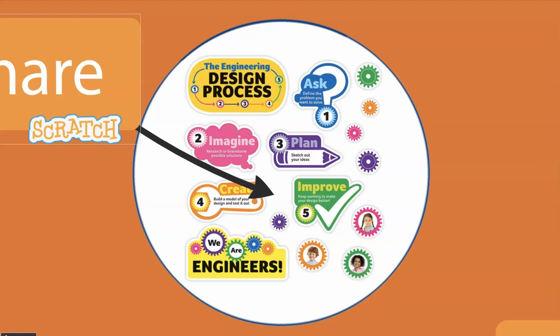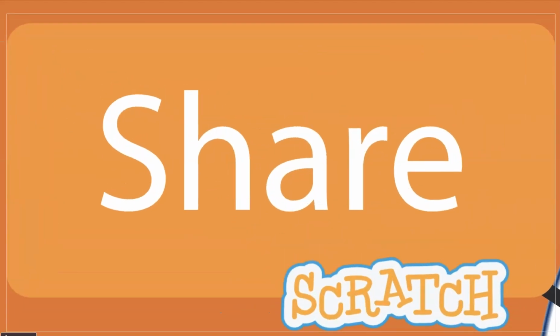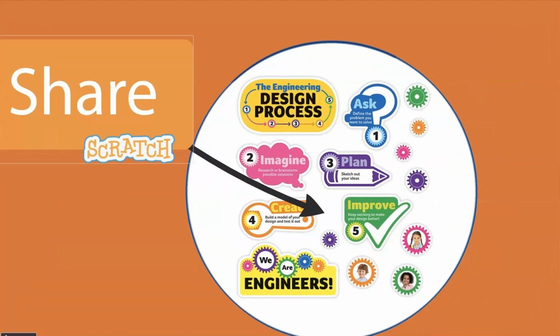So as a game engineer, you have 5 steps to problem solving. I've added a step to the engineering design process because in Scratch, you share your game with the Scratch community so that everyone can see your work. Other users can see your work and provide feedback through comments.